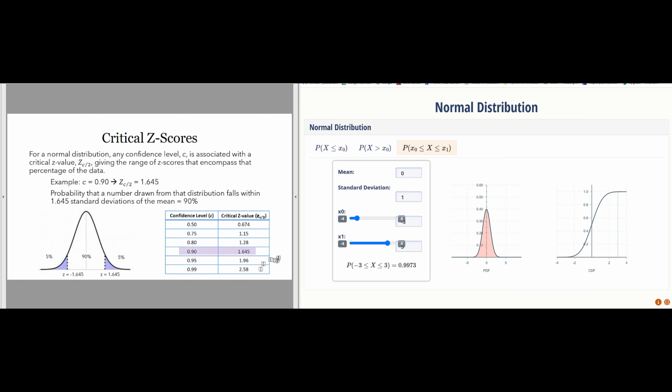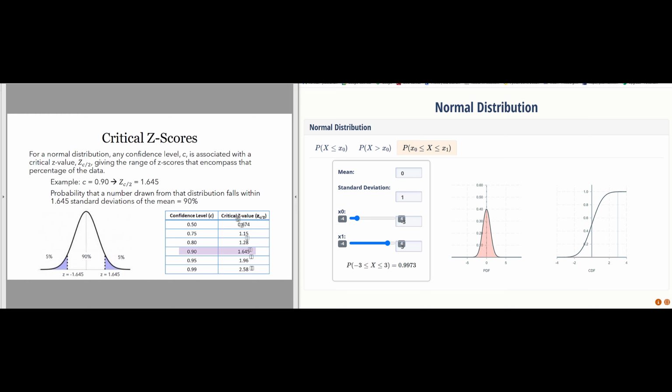I don't have all of these memorized, but roughly between plus and minus 2/3 of a standard deviation is where half of your population is going to fall in a normal distribution. 1.96, as we saw, is a 95% range. 2.58 is 99%. And as we saw, 3 is 99.73. So 3 standard deviations accounts for very nearly everybody.